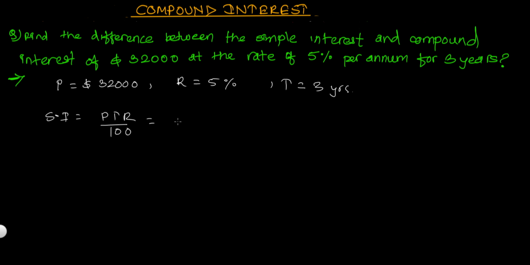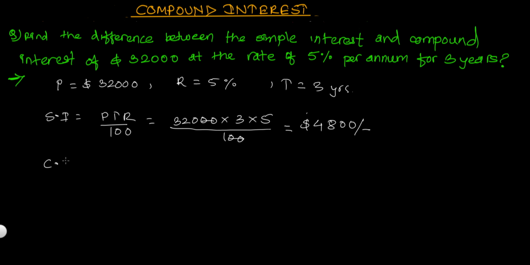The P is $32,000 times our time is 3 and rate is 5, and we have to divide by 100 in order to get rid of the percent sign. So if we solve this, we're going to have 320 times 3 times 5, which is equal to $4,800.